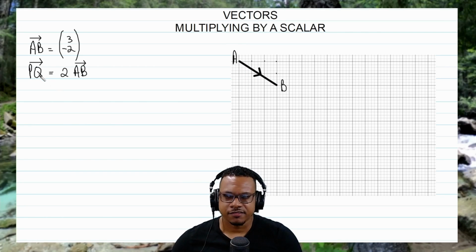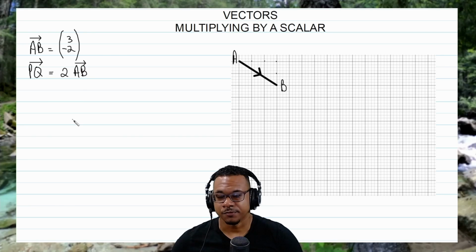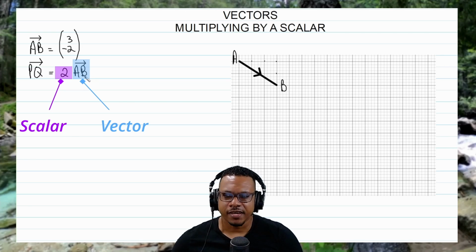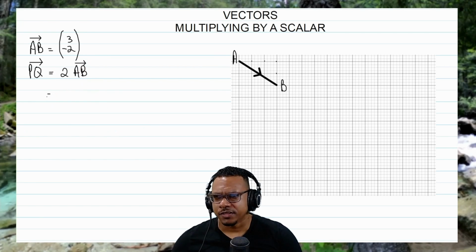So let's just say I have this vector PQ, where PQ is twice AB. So this 2 would be the scalar quantity and AB would be the vector quantity. So I'll be multiplying this vector AB by this scalar 2. So that'll be equal to 2 times the column matrix 3, negative 2. So that'll be 2 by 3 and 2 by negative 2.